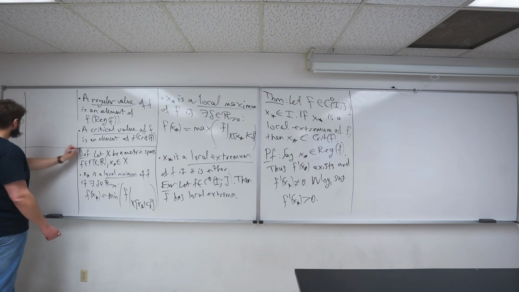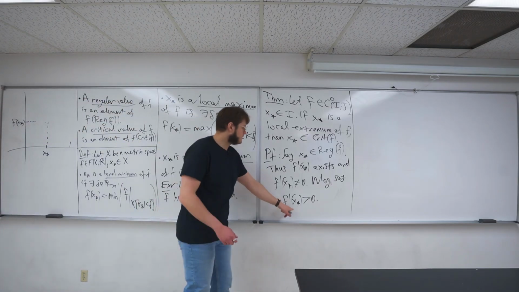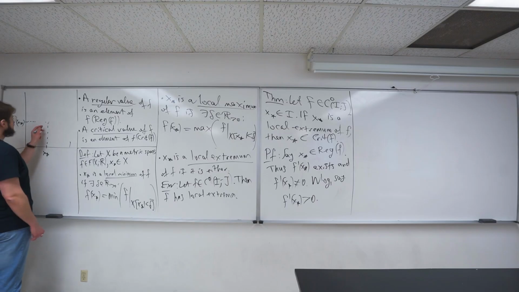So we're in this case. Here's x star. Here is f of x star. And I'm assuming that x star is a regular point and f prime there is positive. So the graph approximately looks like this.